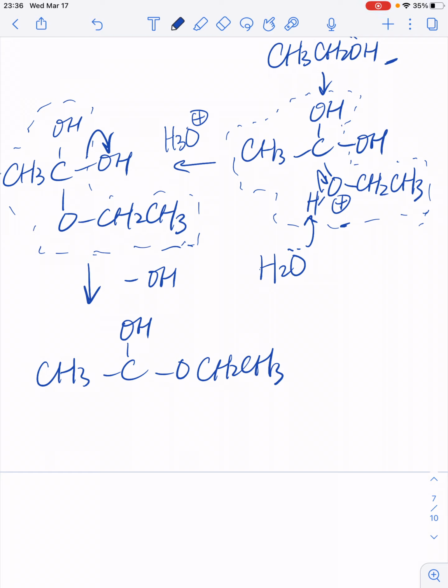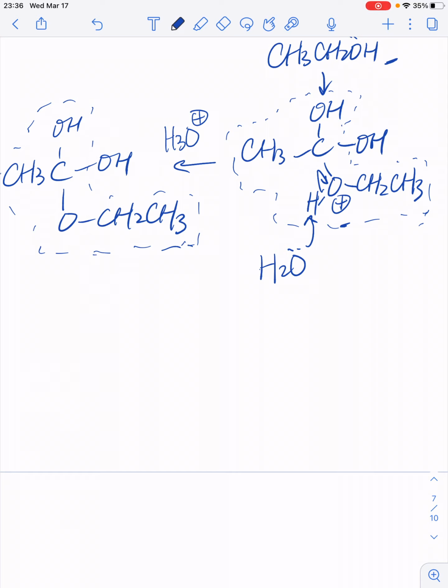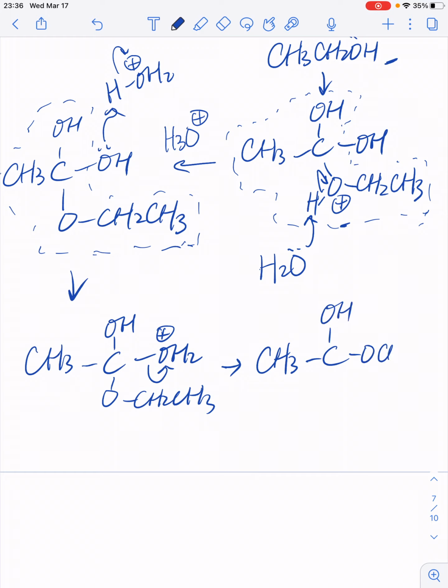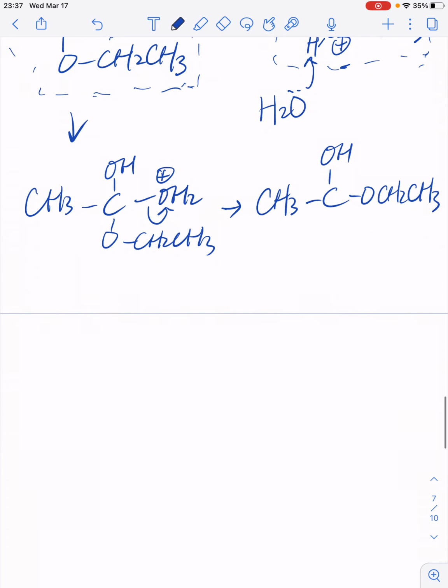So let's go back and rewrite. This time, I'm going to protonate first. Carbon OH, OH2 plus, CH2, CH3, and then I can kick off water, which is so much easier and possible in an acidic environment, right?